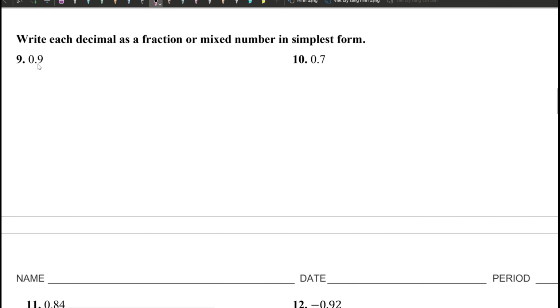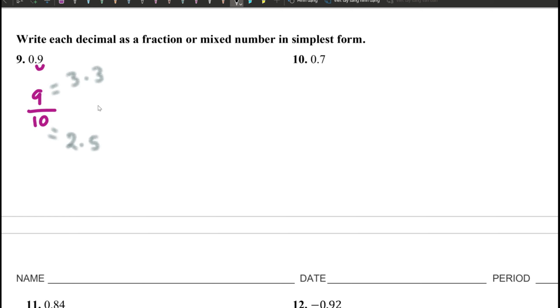Alright, number 9. Number 9, this is 0.9 or 9/10. This is one number after the decimal point. You're going to put 9 over 10. And then reduce your fraction if you can. In this case, you cannot reduce the fraction because the factor of 9 is 3 times 3, and the factor of 10 is 2 times 5.